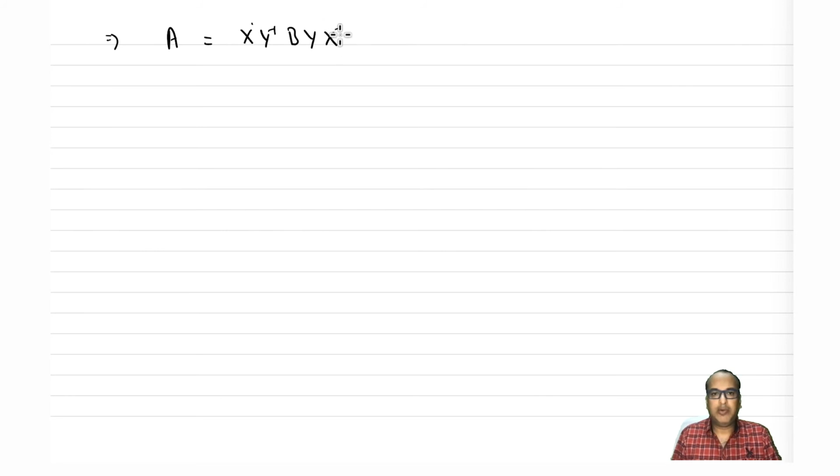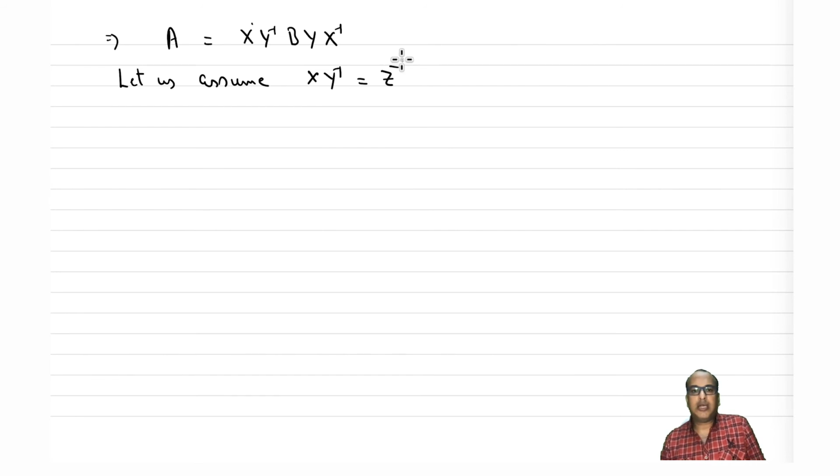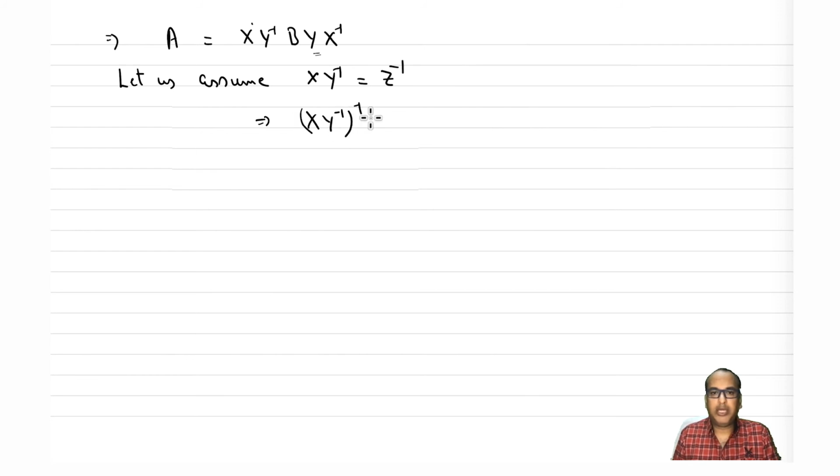Okay, so now let us assume x y inverse is equal to z inverse. This comes from properties of group. So if we have z inverse over here, and now if we take the inverse of the whole thing, x y inverse, then we get z. Now this thing we can write as y inverse inverse and x inverse, which is now equal to z, right?